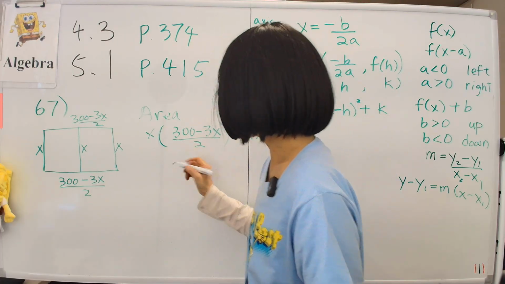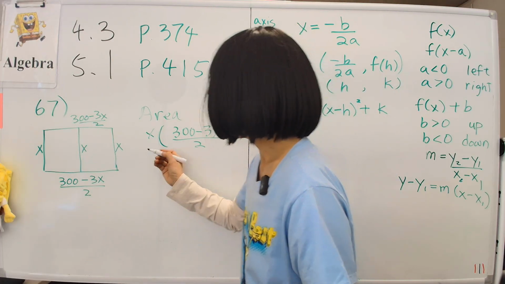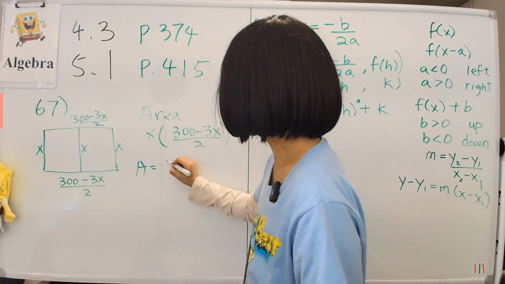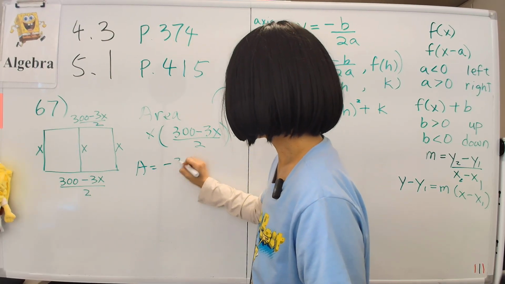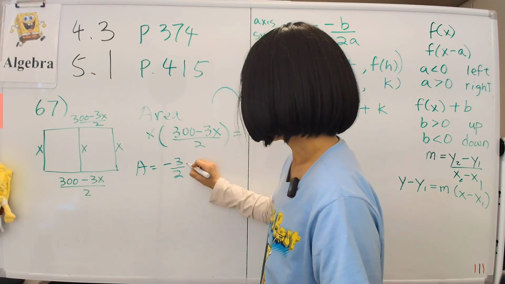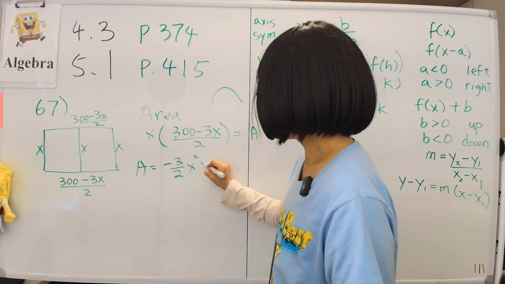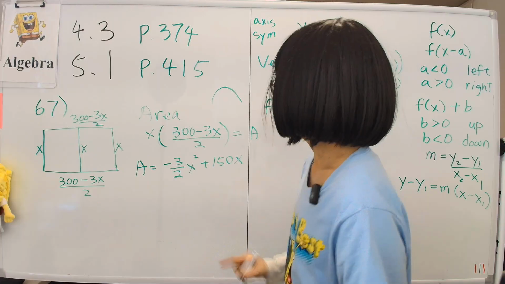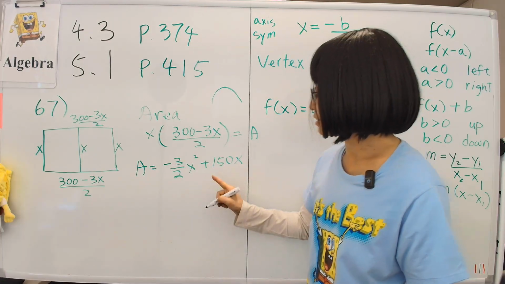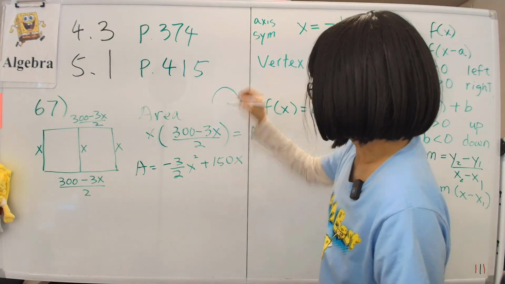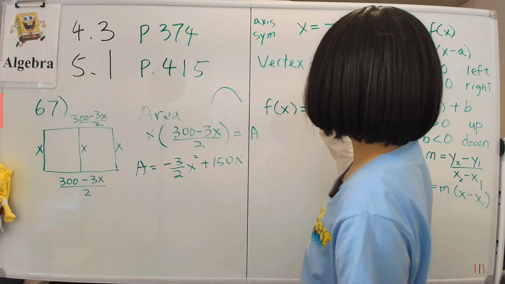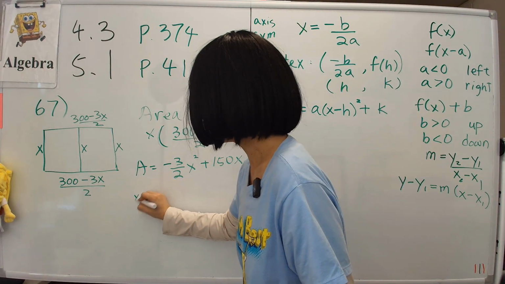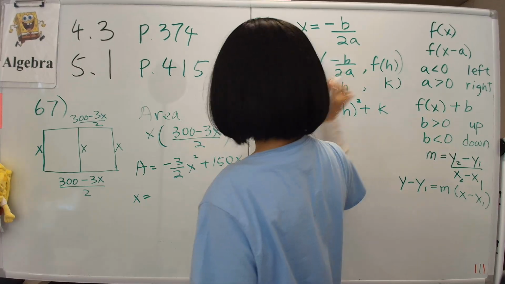So having said that, we do what we've been doing this whole time. Let's multiply this out. Area equals, multiplying it out, minus 3 over 2 x squared, plus 150x. So what is the highest point? The highest point is where x equals h, which is minus b over 2a.